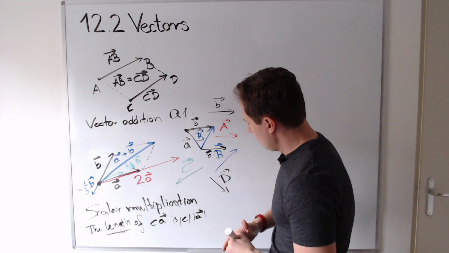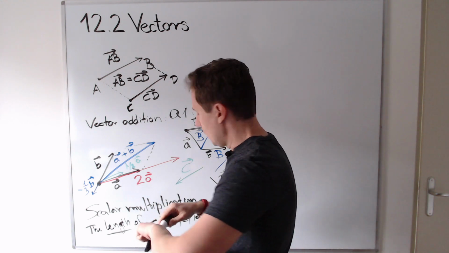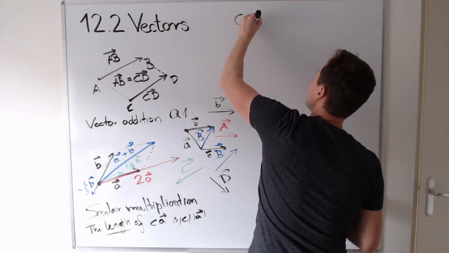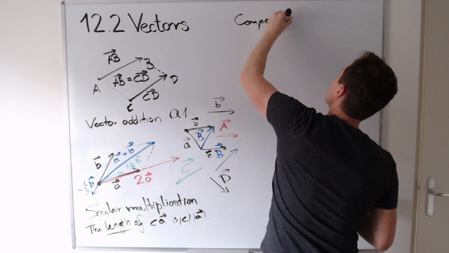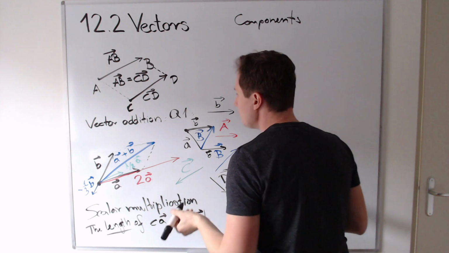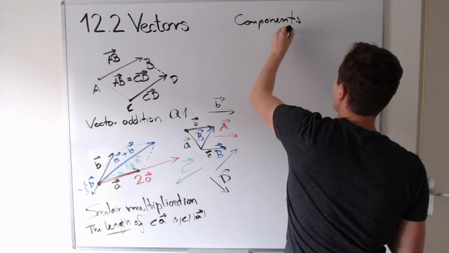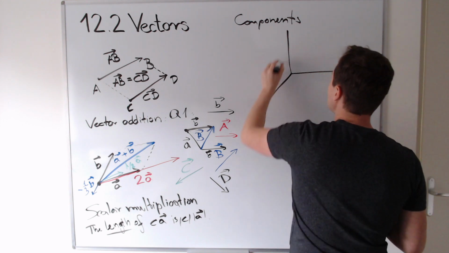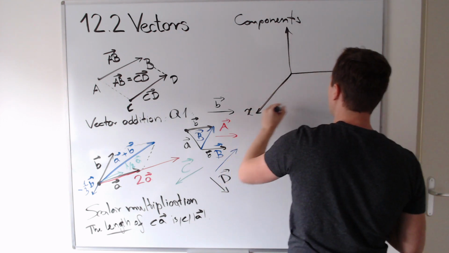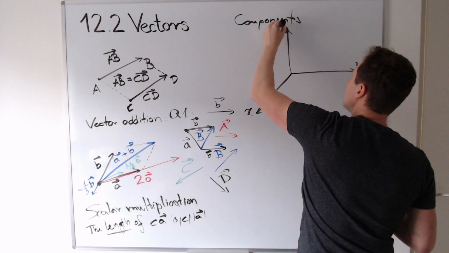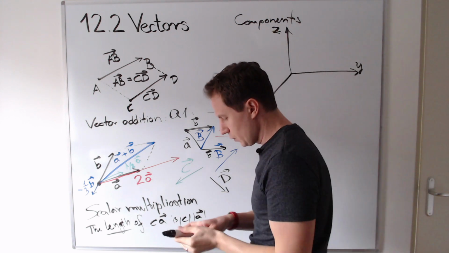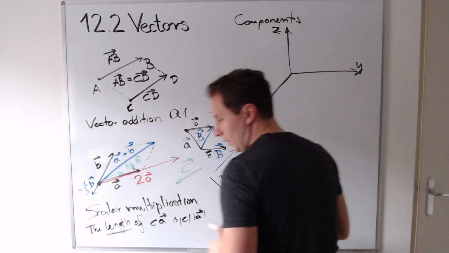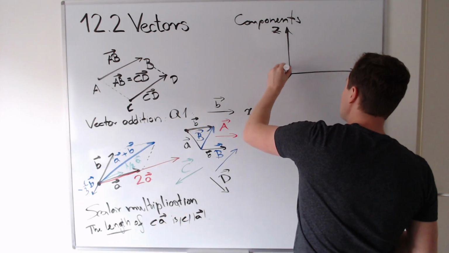With this, we can turn to the components of a vector, which basically means putting vectors in a coordinate system. Just like we did before, we have a 3D coordinate system, and since the vector's initial point can be arbitrary, it might as well be the origin.